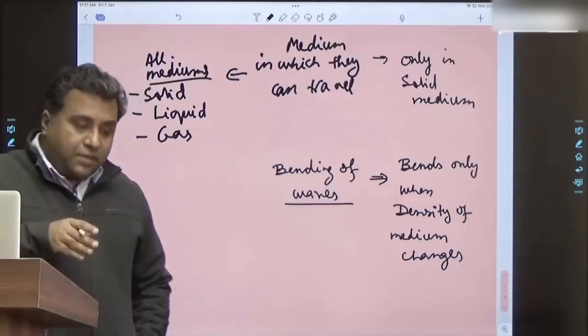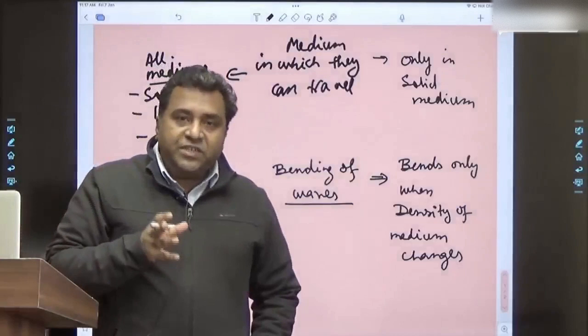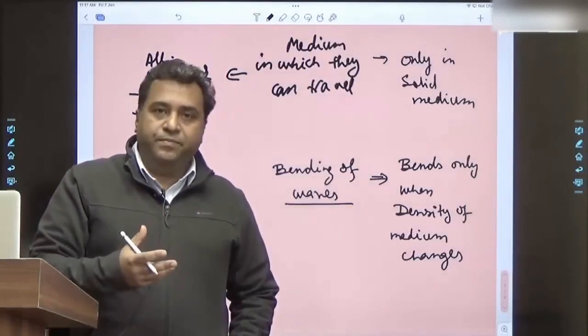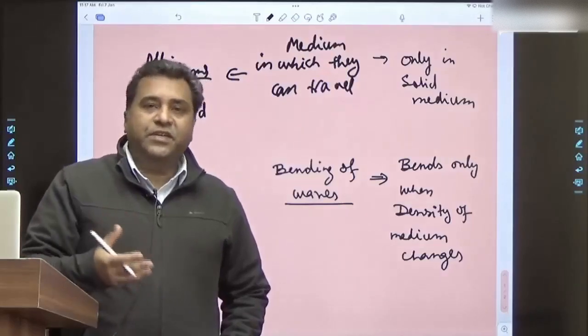Medium means the part through which it is traveling. When you are talking of the interior of the earth, the interior of the earth becomes the medium, and the medium might be in different states, solid, liquid or gas.